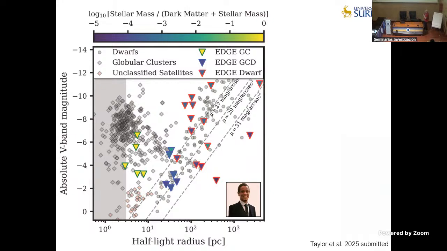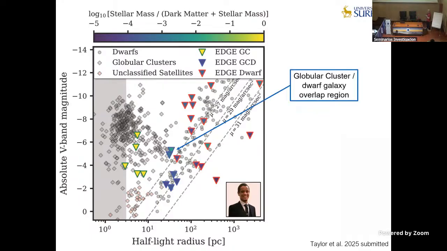This separation between these two populations is not just apparent in the size luminosity plane. I'll show you in a minute that it's also apparent in other observational planes. But before I get to that, you can see that we can now start to talk about what's going on in this overlap region. It's interesting that some of our dwarfs are encroaching into globular cluster territory.